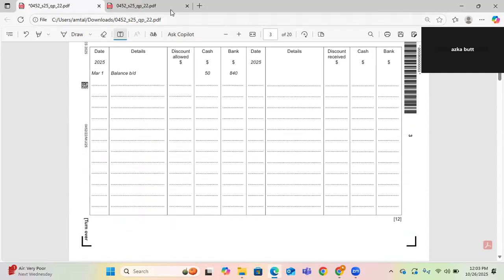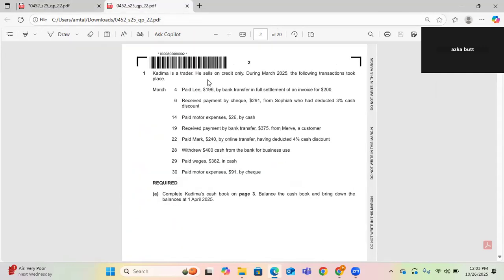Yeah, okay. So what we can do is prepare the cash book here with the help of reading the information from here.